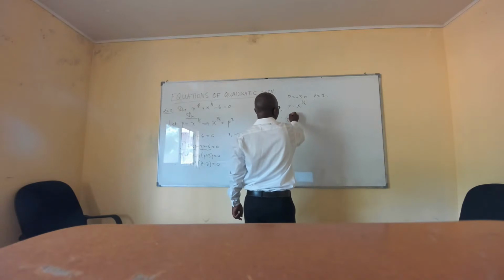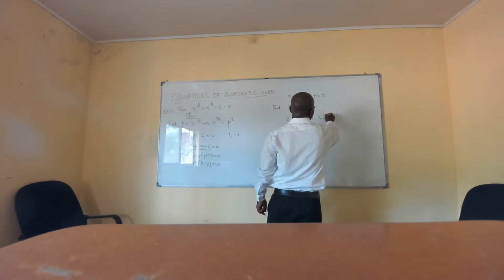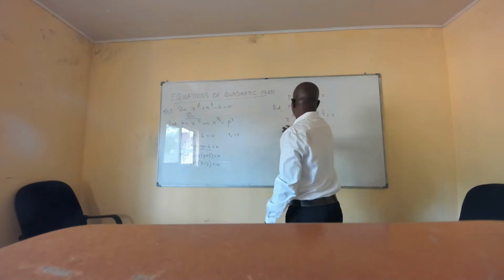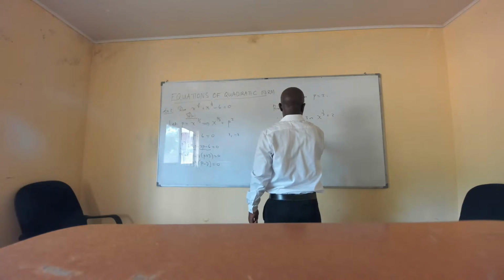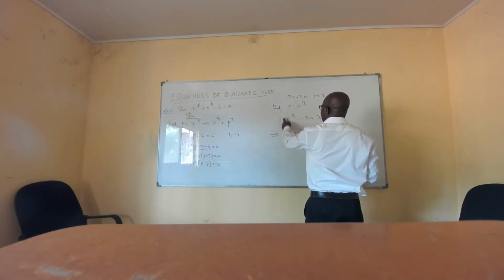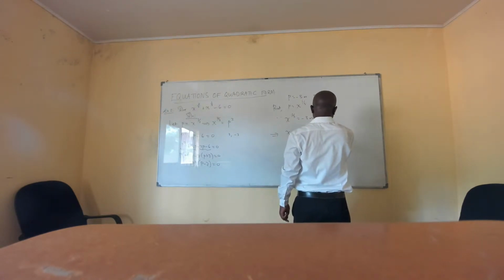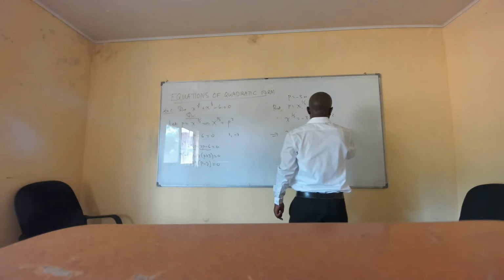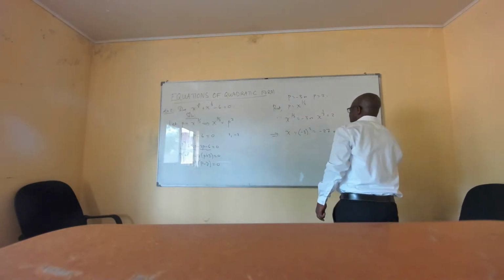Therefore, we have either x to the power 1 over 3 is minus 3 or x to the power 1 over 3 is 2. Then solving this separately, we raise to the power 3 both sides: x is equal to minus 3 to the power 3, that's minus 27, or x is equal to 2 to the power 3, which is 8.